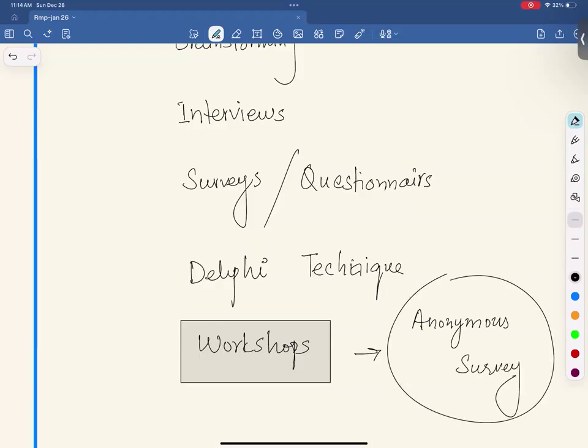When you want to maintain anonymity, then you go with Delphi. Sorry, Delphi, not workshop, Delphi. Okay, which is a good technique. So that's good. I learned something new.